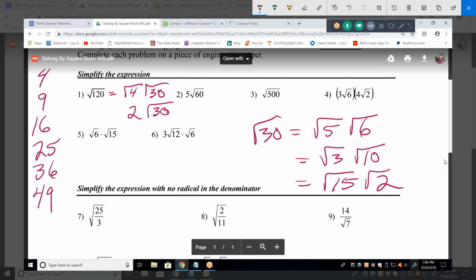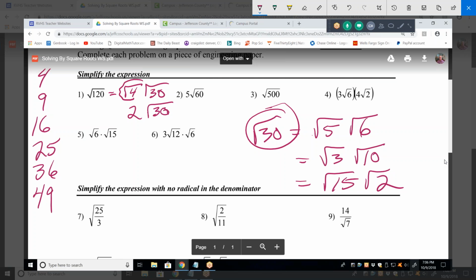Notice that none of those are perfect square numbers, which means that is fully simplified. If I cannot find a factor that is a perfect square number, then it's not simplifiable. Now, for when you took the 4 and you turned it into a 2, what happened there?